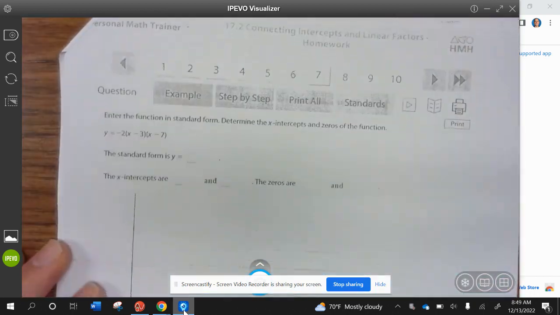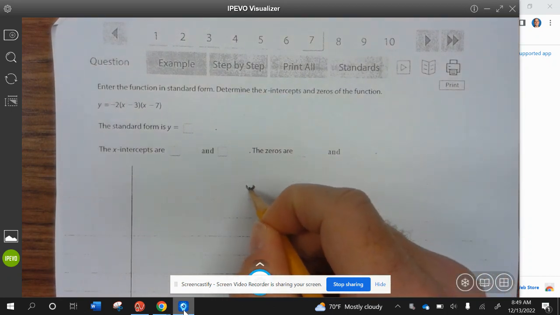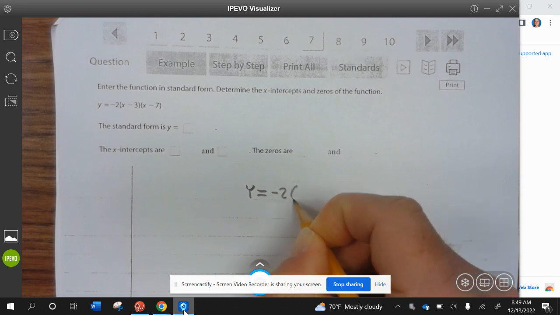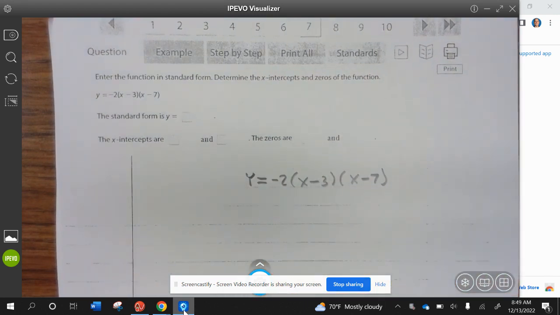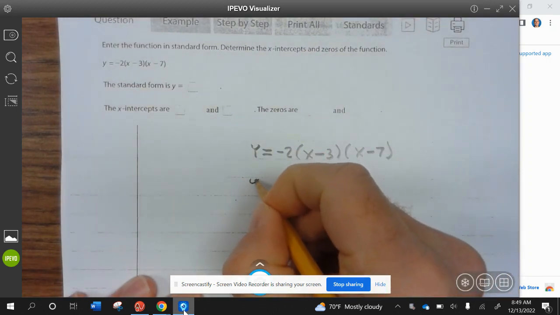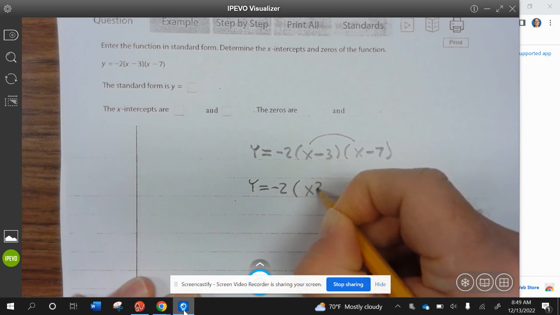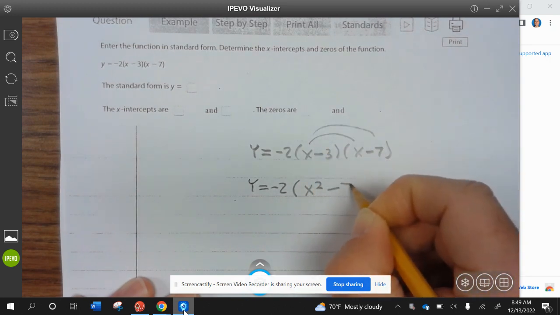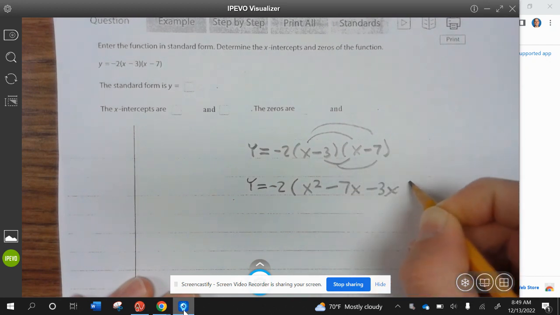All right, example 4. Enter the function in standard form. Determine the x-intercepts and zeros of the function. So we have y equals negative 2 times (x minus 3) times (x minus 7). We're going to FOIL. x times x is x squared. x times negative 7 is negative 7x, minus 3x, plus 21.